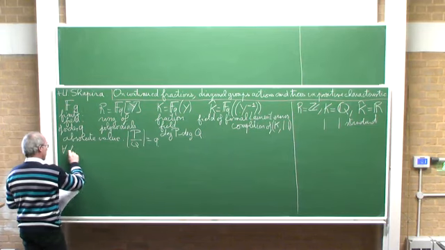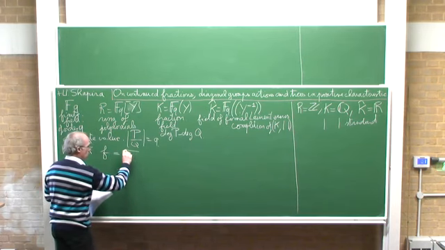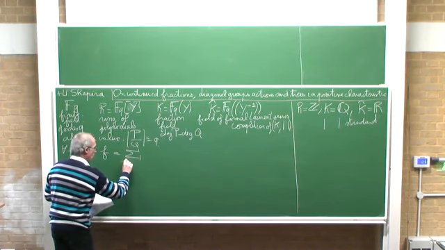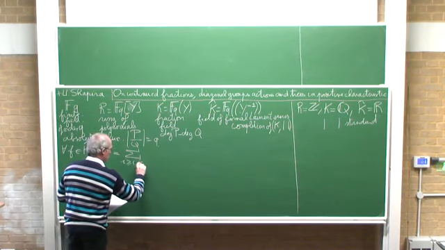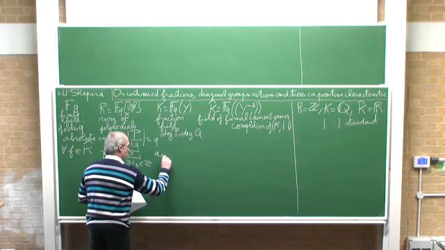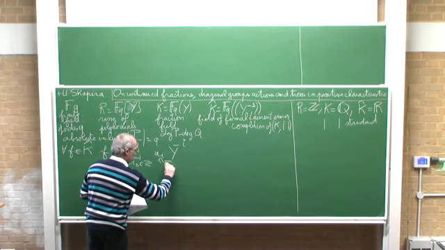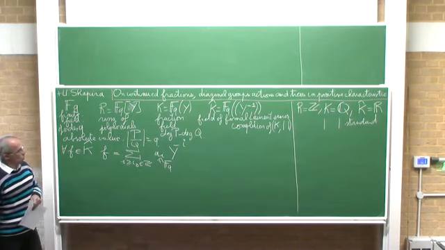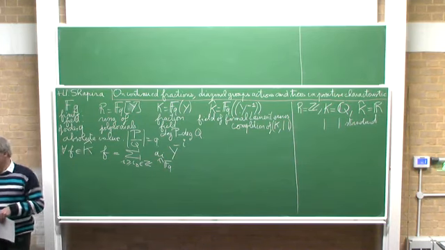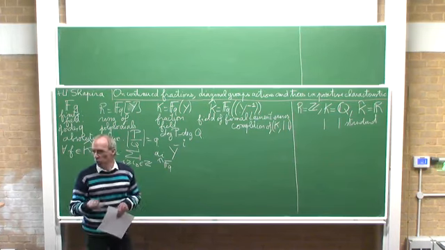An element in K hat may be written the following way, and that's the reason it's called formal Laurent series. It's a sum over i bigger than some i_0, which is an element in Z, of elements of the form a_i y^-i, and the a_i are elements in the finite field F_q. Formal Laurent series, because I'm allowing negative powers, and the variable is y^-1 and not y.